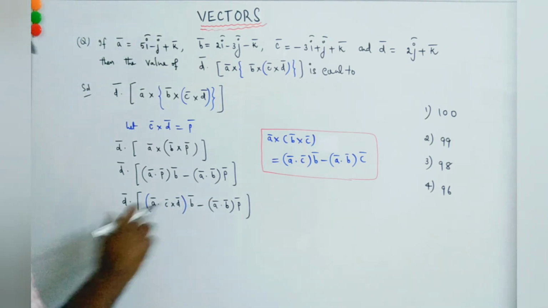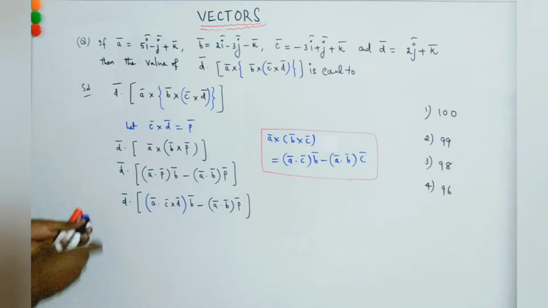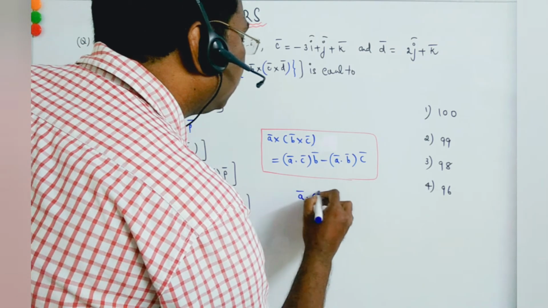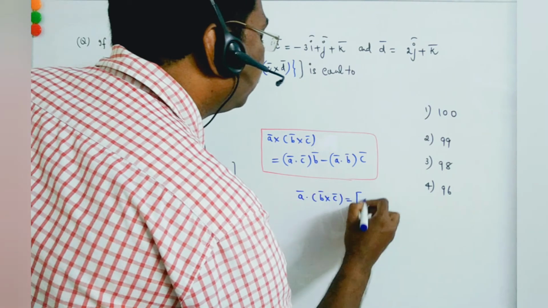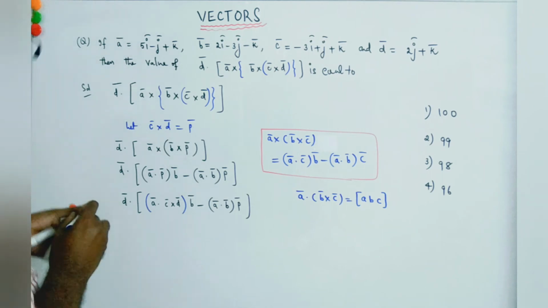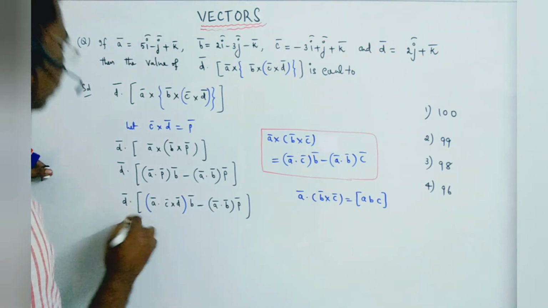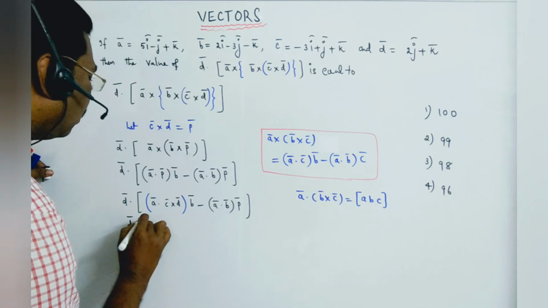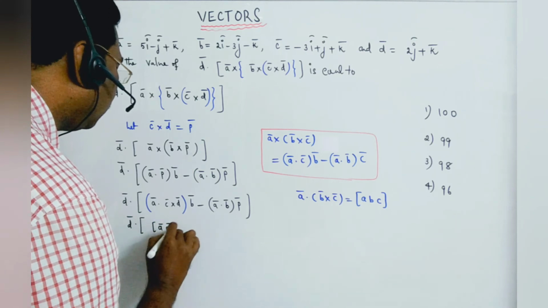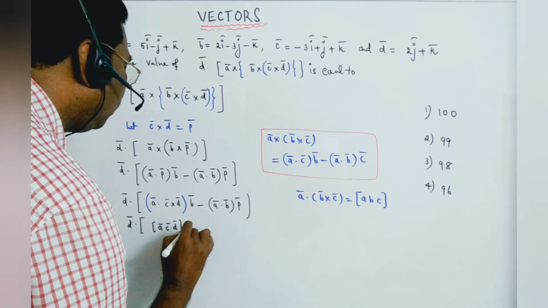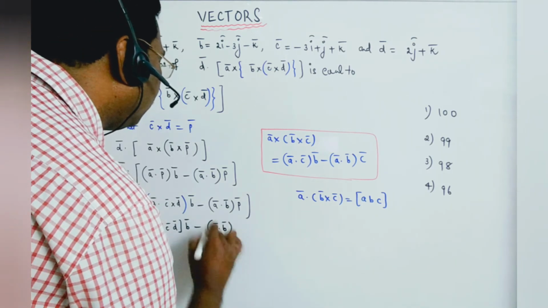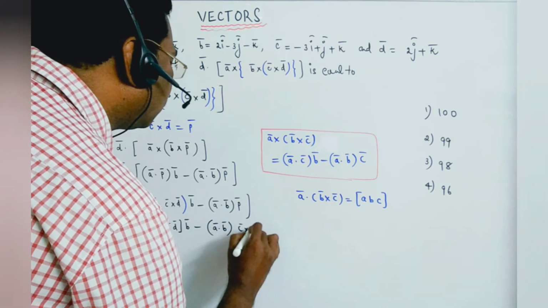Now a bar dot c bar cross d bar means a bar dot b bar cross c bar, which equals the box a bar b bar c bar. So we get box a bar c bar d bar into b bar minus a bar dot b bar into c bar cross d bar.